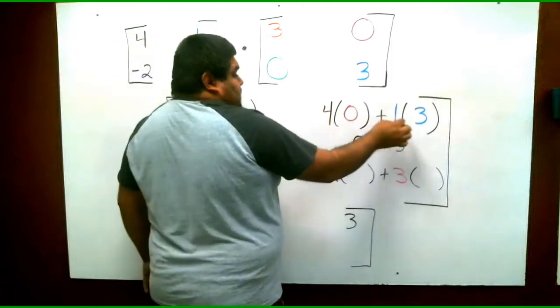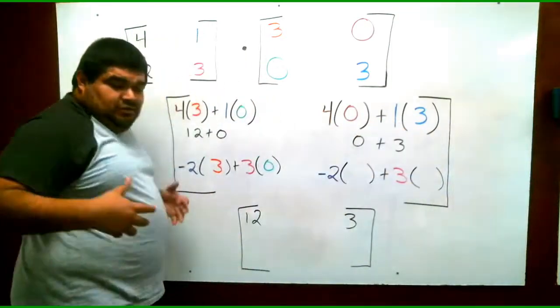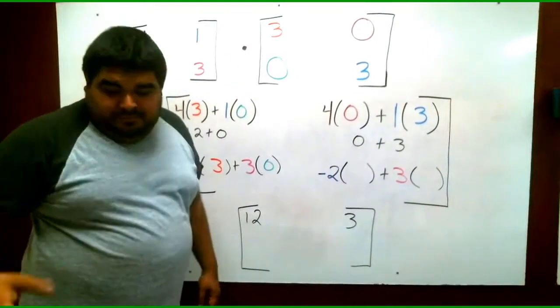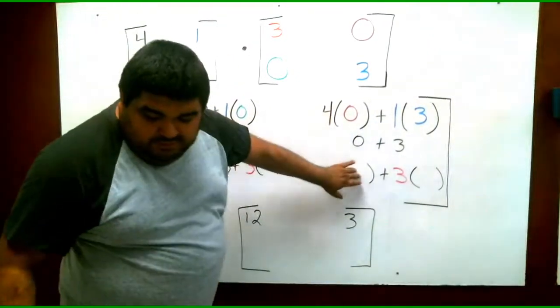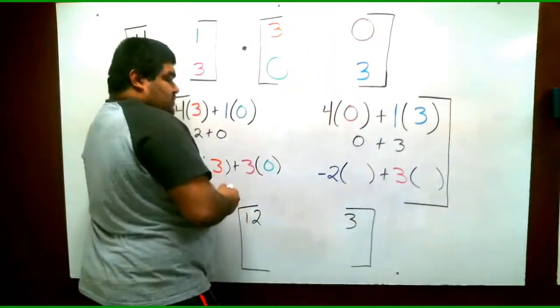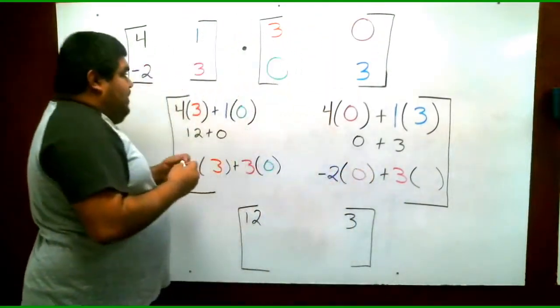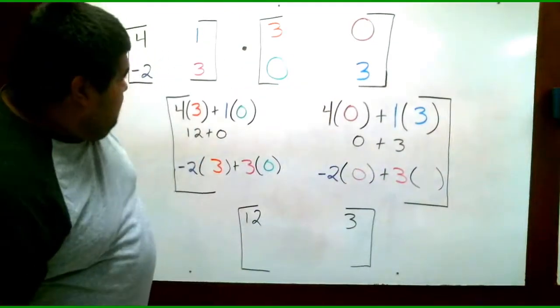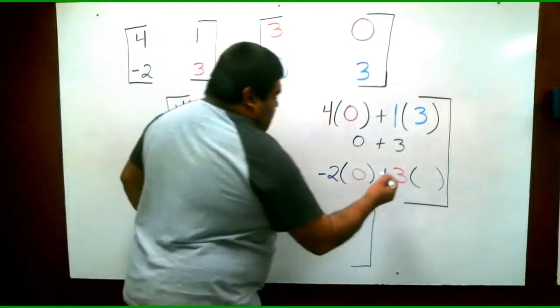The same, right? 0 and 3 inside the parentheses. So the parentheses doesn't change when it comes to columns. So we have 0 here because we have negative 2 times 0, and then we have 3 times 3. So that is baby B.